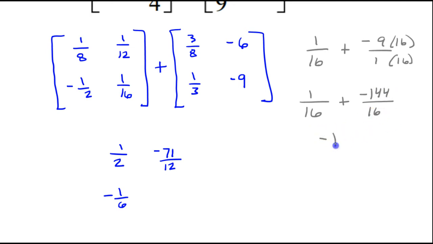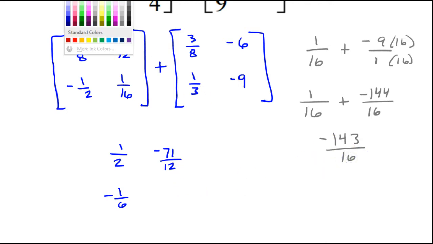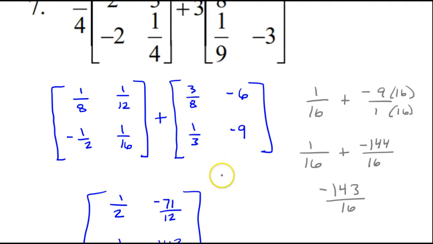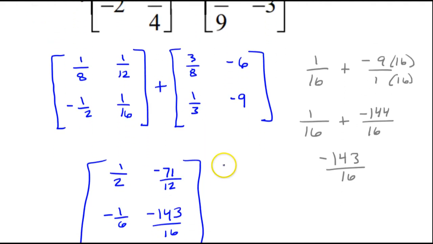So that will be negative 143 over 16. So that is it. This would be the final answer for number 7.